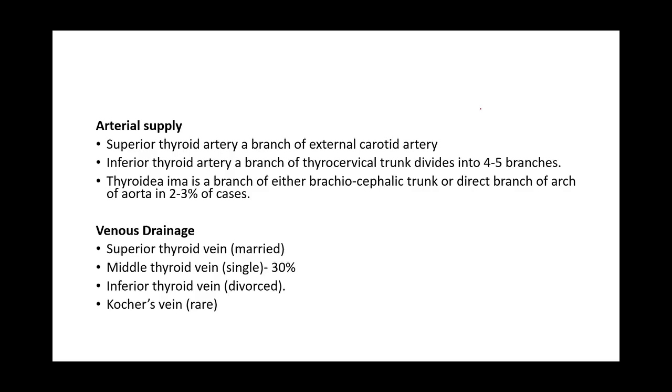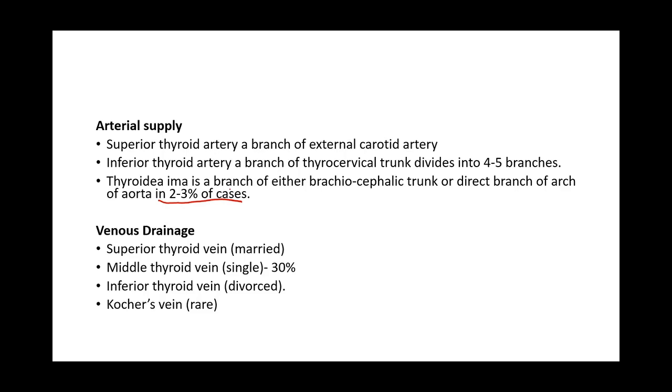The thyroidea ima artery also supplies the thyroid gland. It is seen in 2 to 3% of cases. Okay, it is a branch from either the brachiocephalic trunk or a direct branch from the arch of the aorta. What is the venous drainage of the thyroid gland?